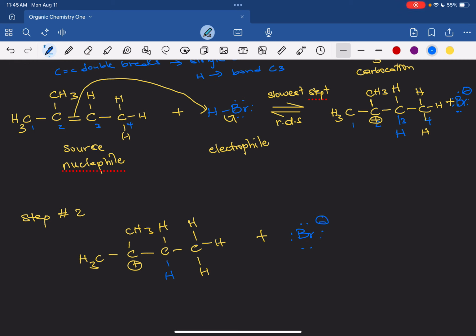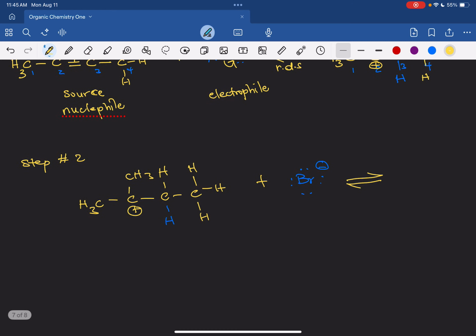Now, for this reaction, you should be able to see easily what's your nucleophile and what's your electrophile, right? Your nucleophile in this reaction, there's only one thing that could be your nucleophile or your source. It's the bromine, right? And your sink clearly is this carbocation because the carbocation has an empty p orbital and can accept two electrons. Or if that's too much chemistry for you, it has a positive charge, right?